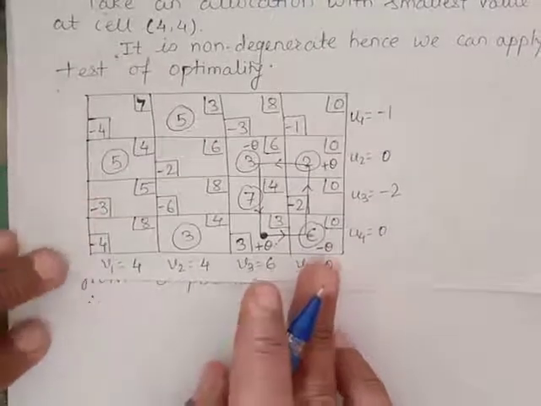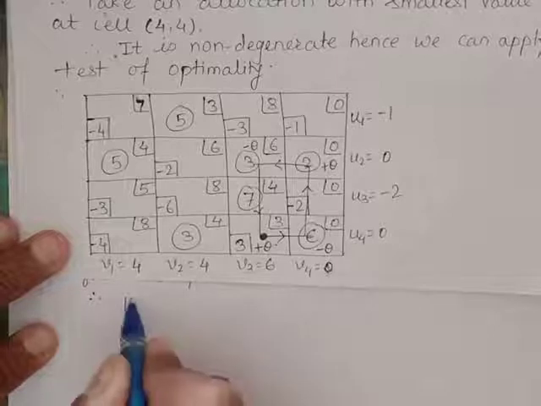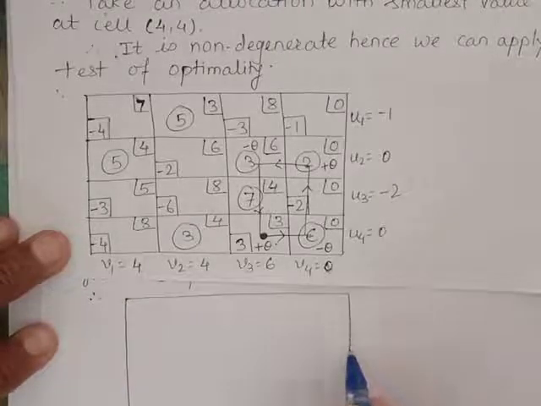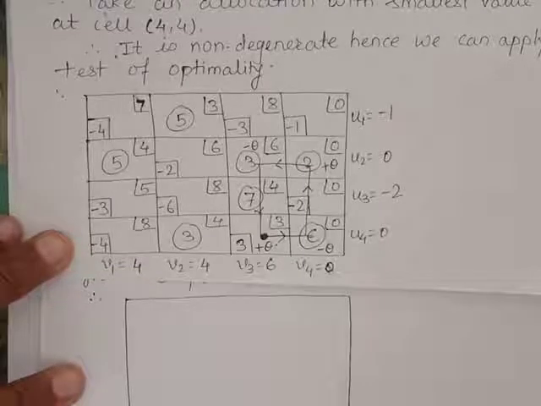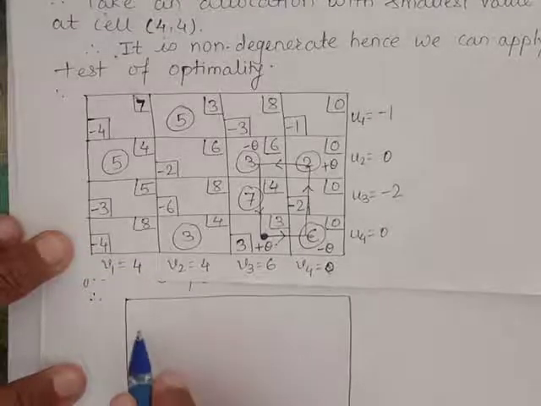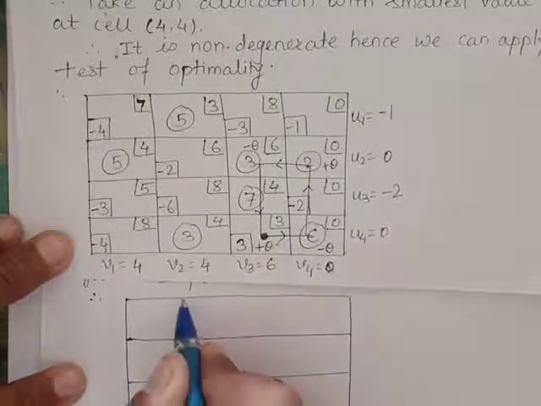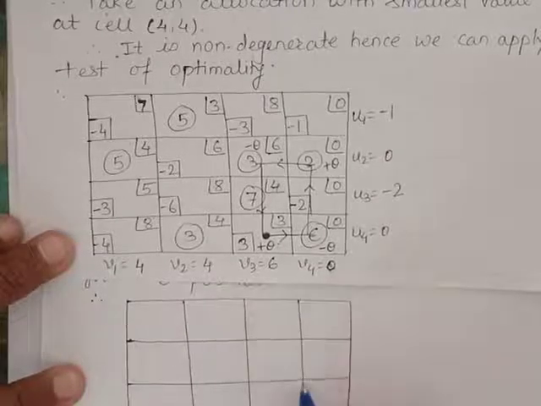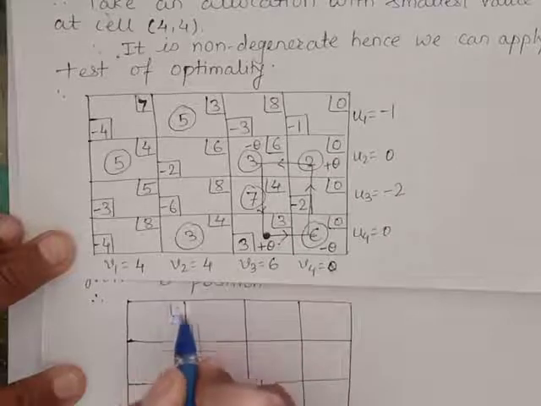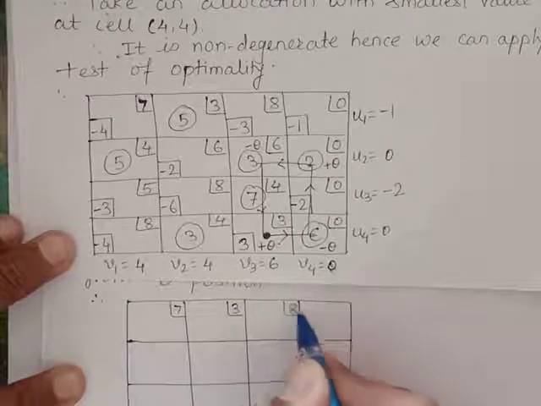So the new table will be, suppose it will be, let me prepare a table, then we will determine ui vj delta ij for checking optimality.